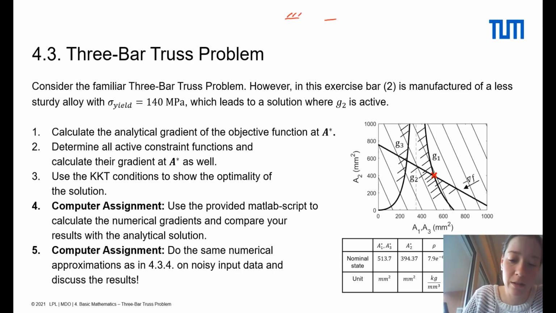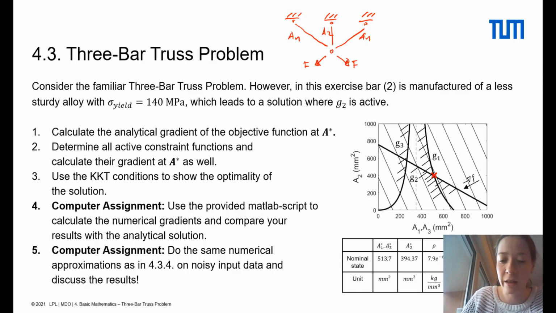We had 3 bars with 3 different cross sections where those 2 were the same, and we had forces here which were also the same, and we wanted to find optimal cross-sectional areas A1 and A2 star to minimize the mass while not exceeding the strengths of the material, which was also determined by the material properties.